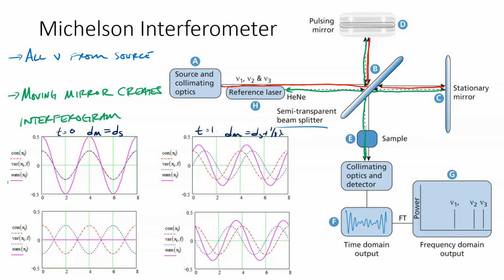And so we have 1/8 added on the way there, and we have 1/8 added on the way back, and so that's an extra 1/4 of a wavelength that's been added. And so you can see here that we're shifted by 1/4 of a wave. At t equals 2, the distance of that moving mirror is now just a tiny bit farther out. It's the distance of the stationary mirror plus 1/4 lambda.